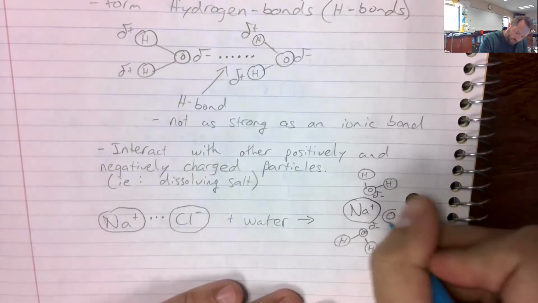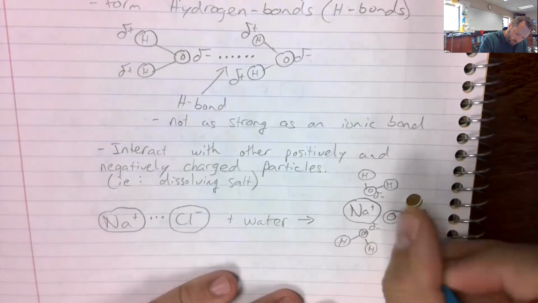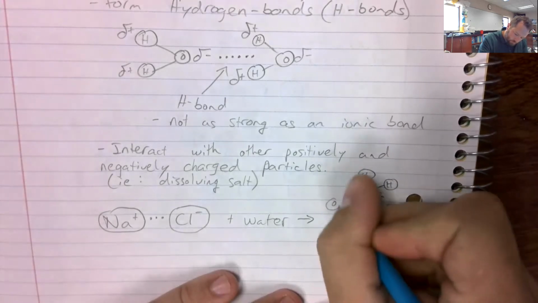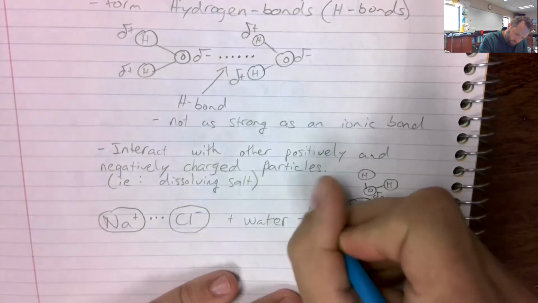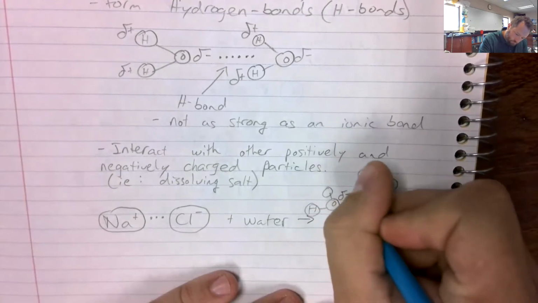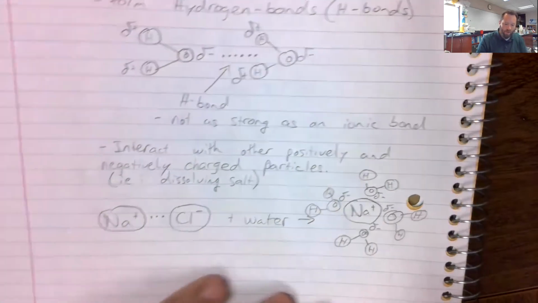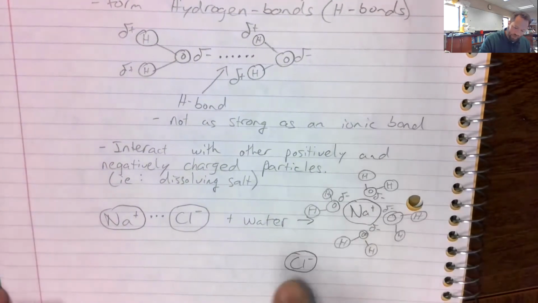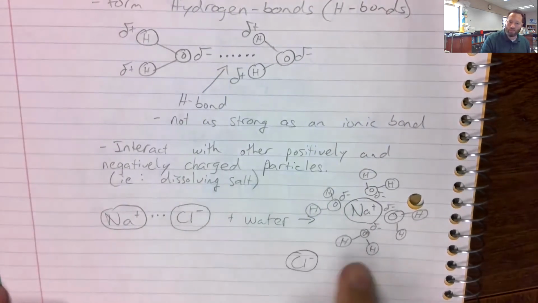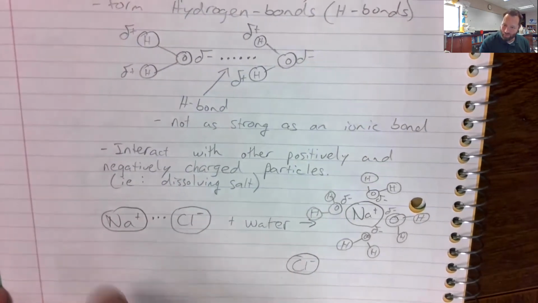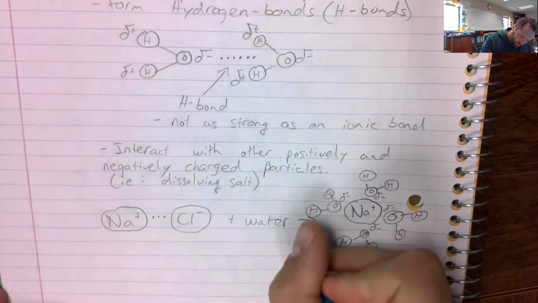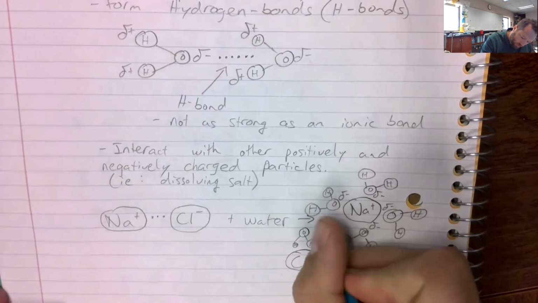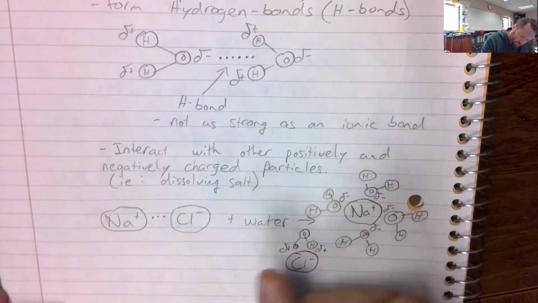So the oxygens surround the sodium. Like that. And somewhere else, not together, we have the negative end of that salt crystal, and the positively charged hydrogens will be surrounding that side of it.